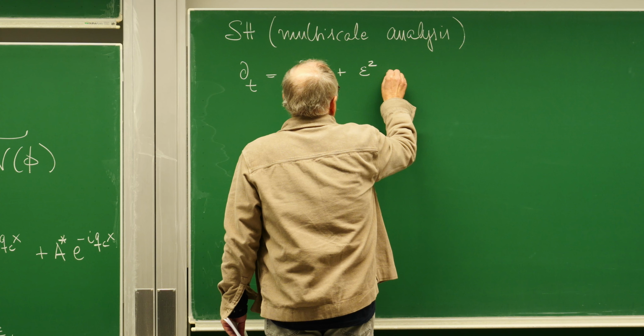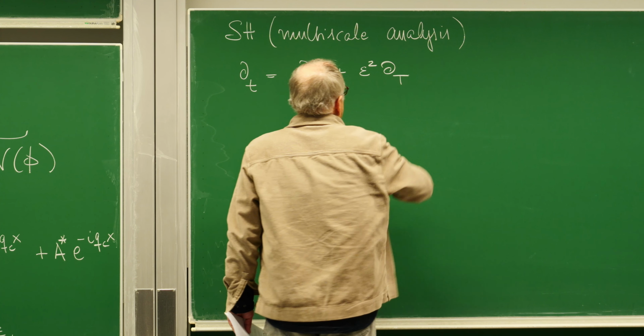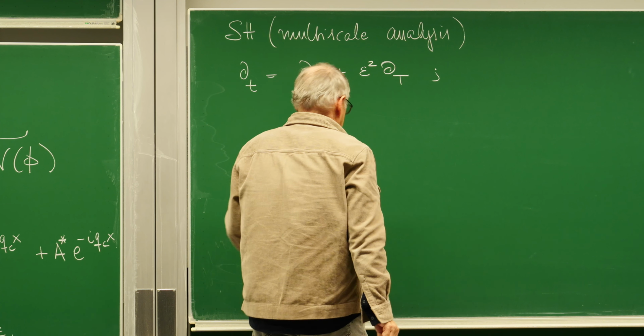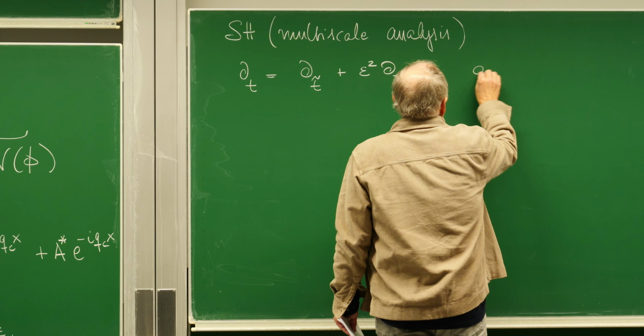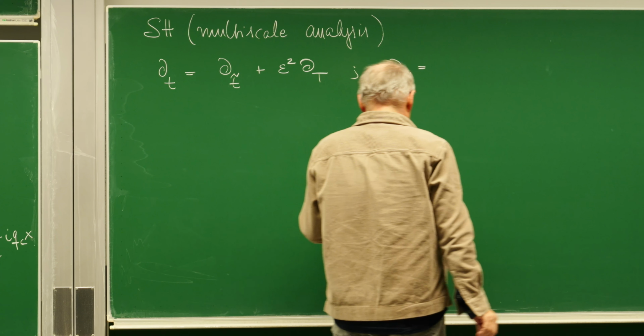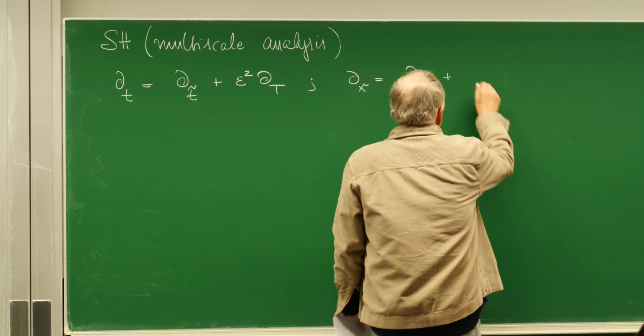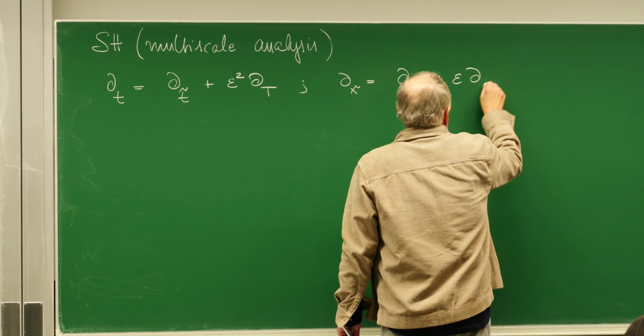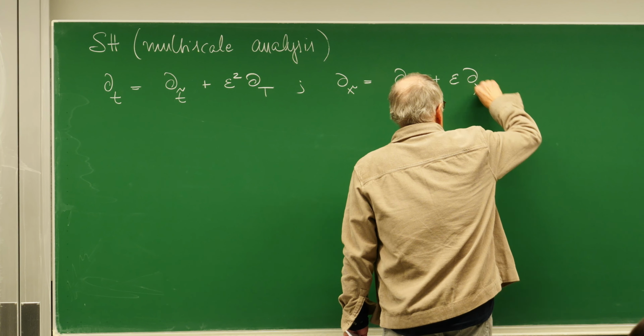So this is then epsilon squared dT. And I do the same for x and y. So dx is the derivative with respect to the fast variable plus epsilon derivative with respect to the slow variable.